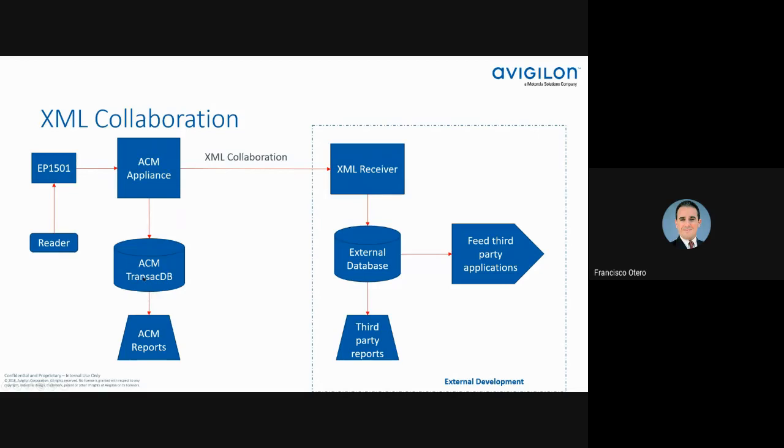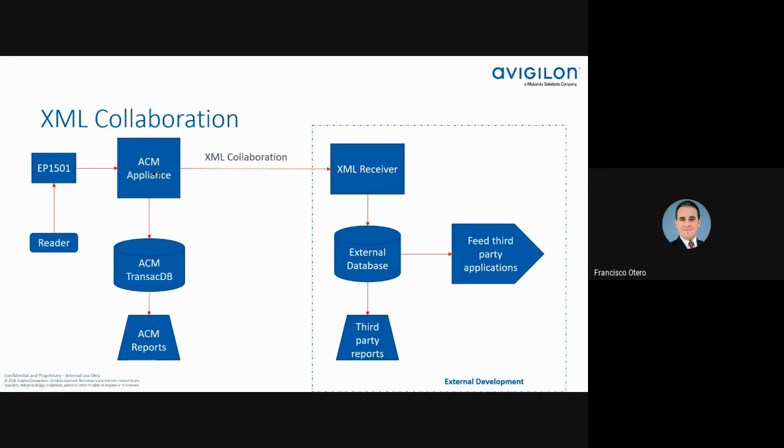And by the way, from there you can go and print the ACM reports, the same reports we just saw, the 28 reports. In this particular case, I'm talking about the transaction report that we saw. The transaction report from ACM is pulling information from the PostgreSQL transactional database. Another way of doing this is to send this data over an XML collaboration into what is called an XML receiver.